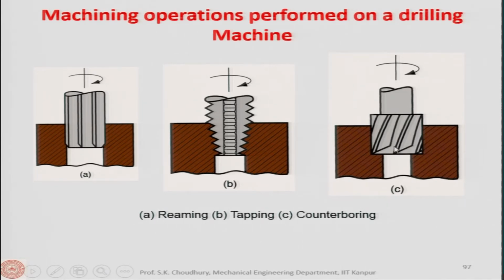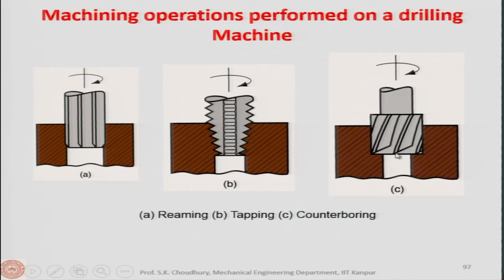and this is the counter boring. That means, when you have two holes of two different diameters on the same axis. After this is made, there will be a part with two holes, one hole here and one hole here, and they have a common axis.